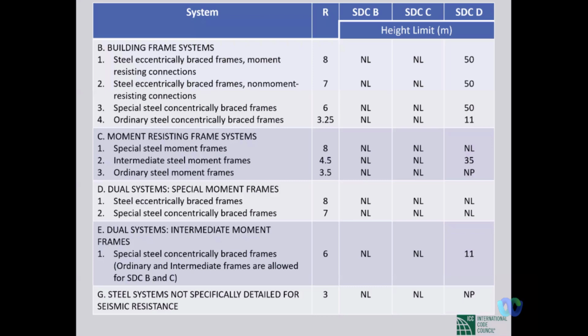Only for those structures we can use a value of R less than 3. Even for ordinary steel moment frames, the value of R is 3.5. Ordinary steel concentrically braced frames, the value of R is 3.25, which are more than 3.